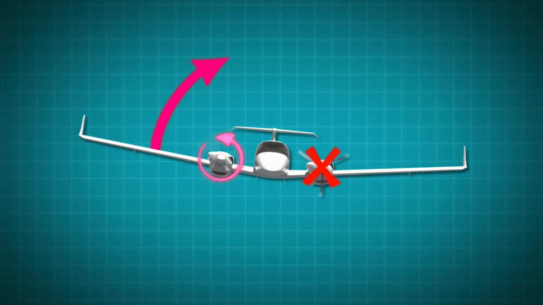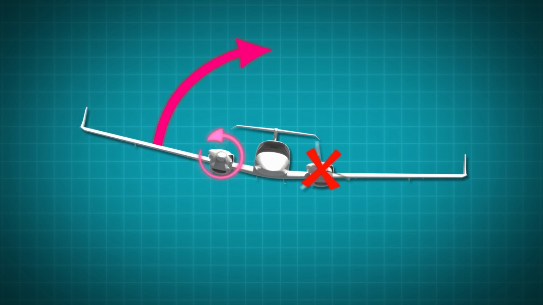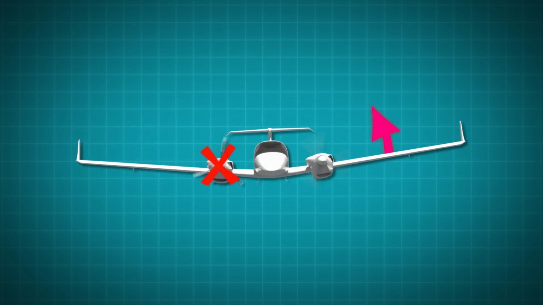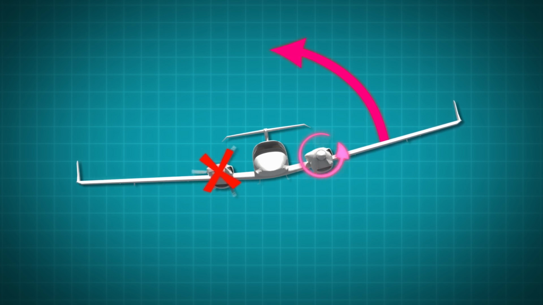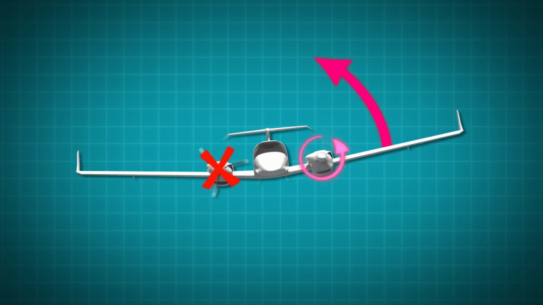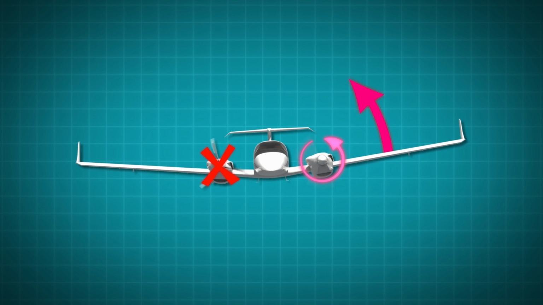Torque on the right engine will also cause the aircraft to roll to the left. Remember, this is due to the propellers spinning to the right. If the right engine failed, the aircraft would want to roll to the right. However, torque will try to roll the aircraft to the left. As we can see, losing the left engine would be critical because you would have significantly more roll effect than if we lost the right engine.